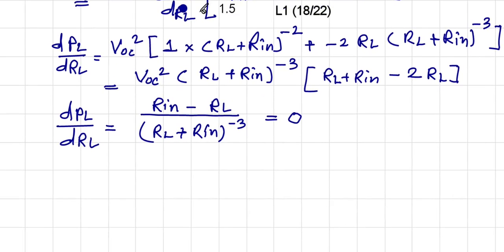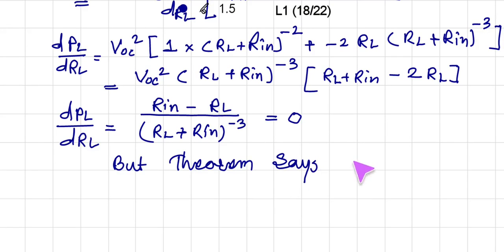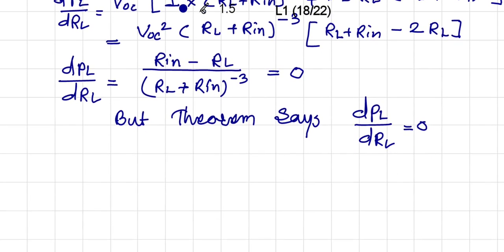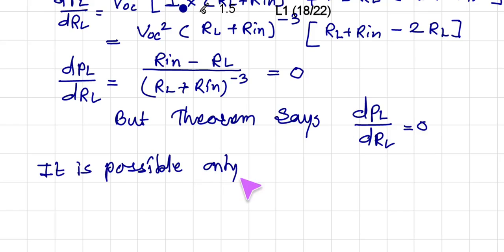So the theorem says dPL by dRL is equal to 0, and it is possible only when Rin is equal to RL.